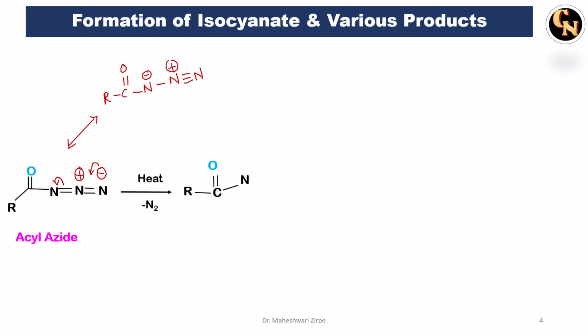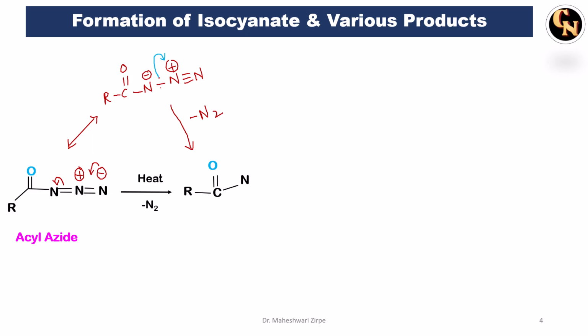Now in this resonating structure, what happens is there is elimination of a nitrogen molecule. That is, this bond will break. I'll show it with a different color. This bond is going to break and it will try to neutralize the positive charge. So there is elimination of N2 molecule, and you are going to get a nitrene.